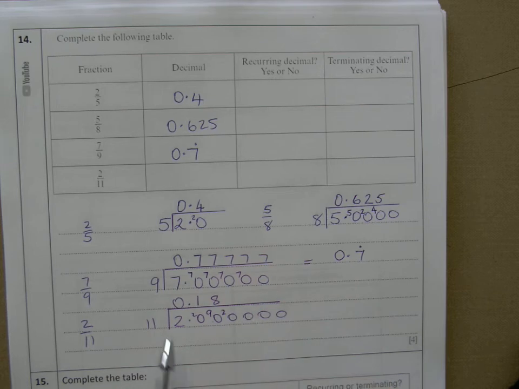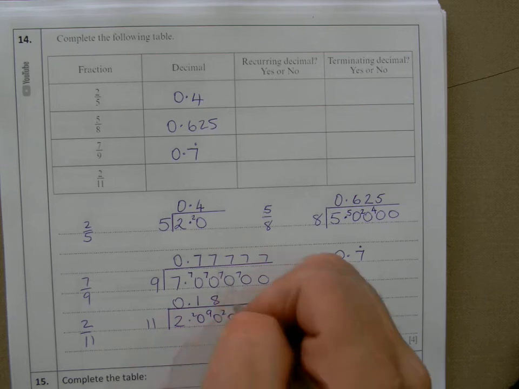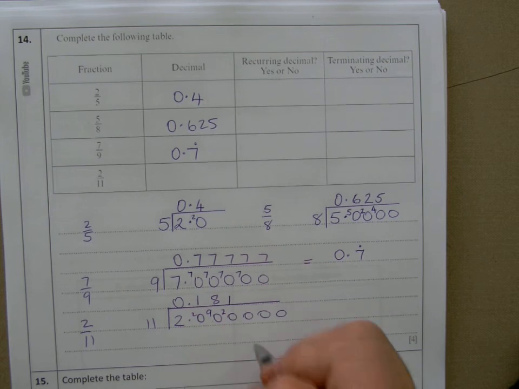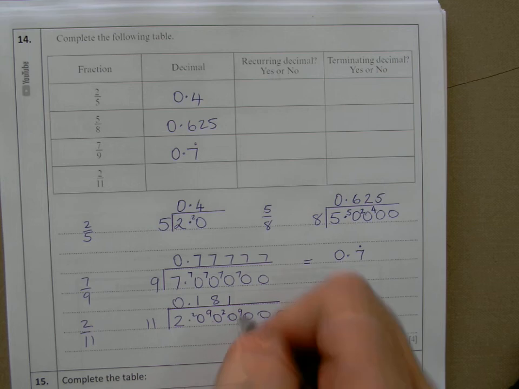Then 11 goes into 20 once, remainder of 9, and 11 into 90 goes 8 times.